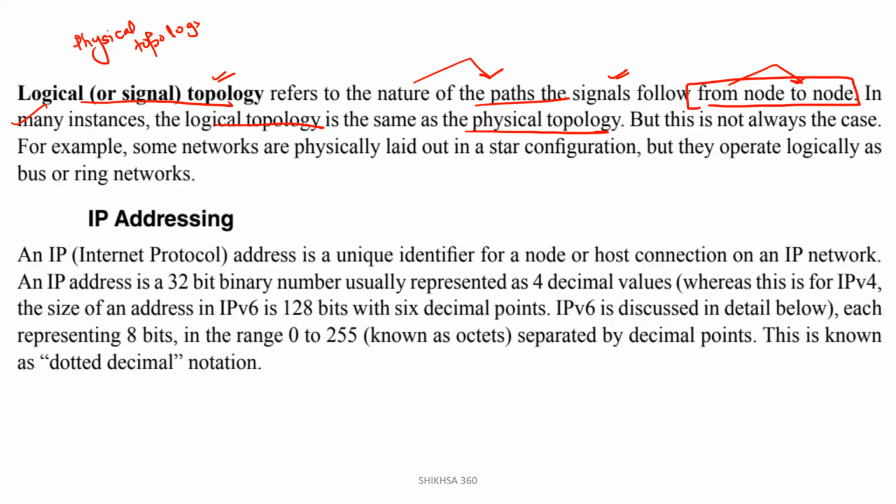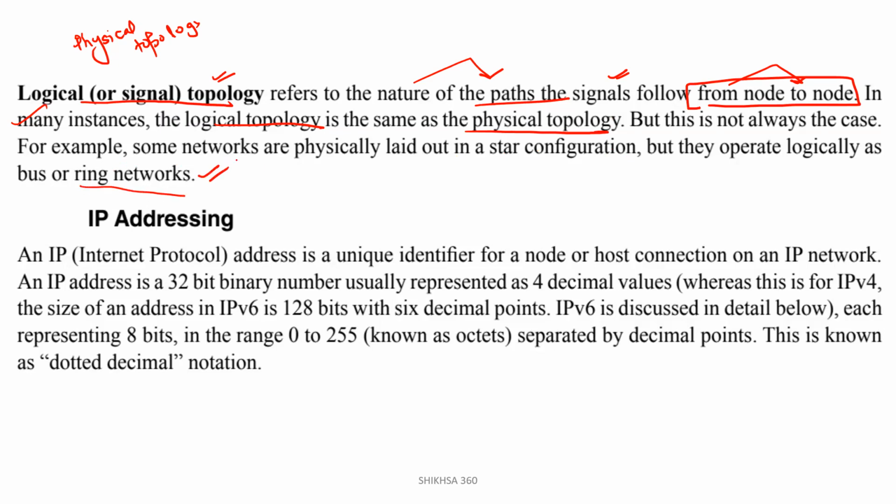So where will it be different? It is not always the case. For example, some networks are physically laid out in a star configuration, but they operate logically as a bus or ring network. Clear?